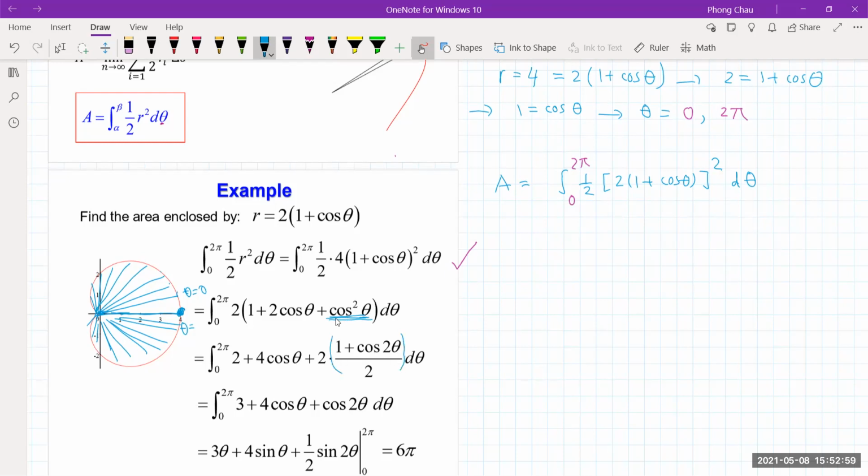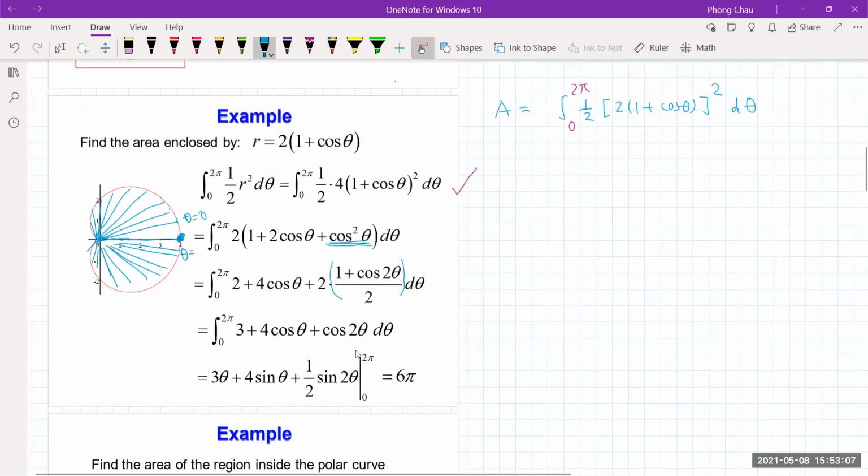So you're replacing this with half of 1 plus cosine 2 theta. And from here, we can simplify, cancel the 2. You got 1 here and 2 combined become 3. And then plus 4 cosine plus cosine 2 theta. And from here, we can integrate.